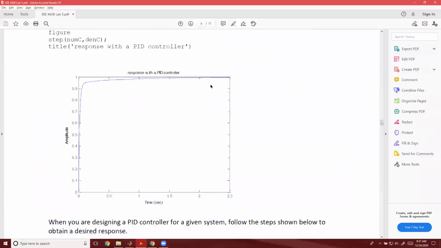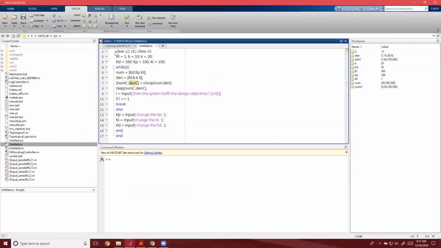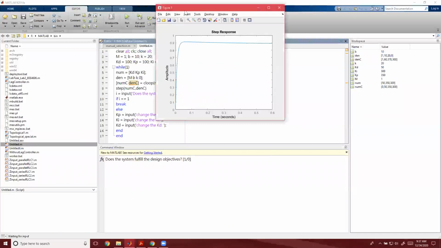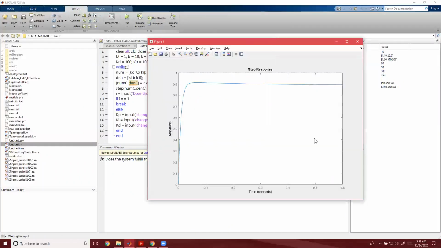Where did it break? Okay, now let's run our code. So how does the response look? What's the settling time?